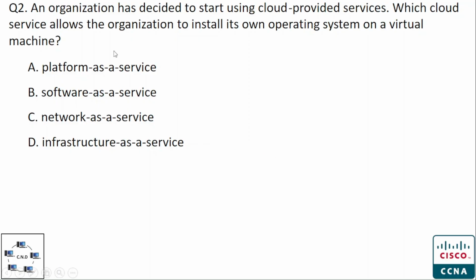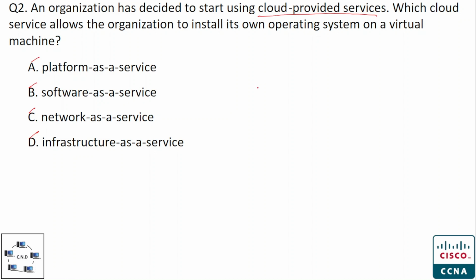Question number 2. An organization has decided to start using cloud-provided services. Which cloud service allows the organization to install its own operating system on a virtual machine? And the options are: option A, platform as a service; option B, software as a service; option C, network as a service; and option D, infrastructure as a service.